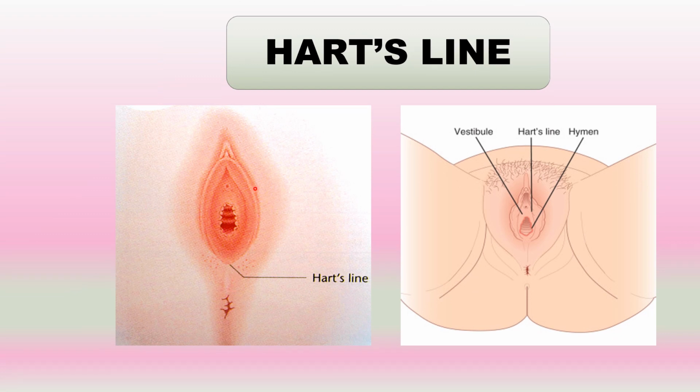And these HART'S lines, do you know what they do? Fine. We should be able to differentiate between the vulvar vestibule and the labia minora. So this HART'S line identifies the change of skin appearance, that is from the vulvar vestibule to the labia minora. So ladies have got HART'S lines.